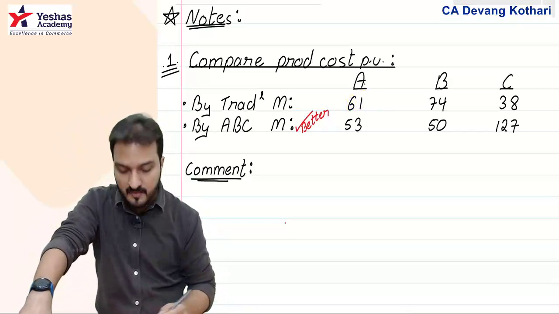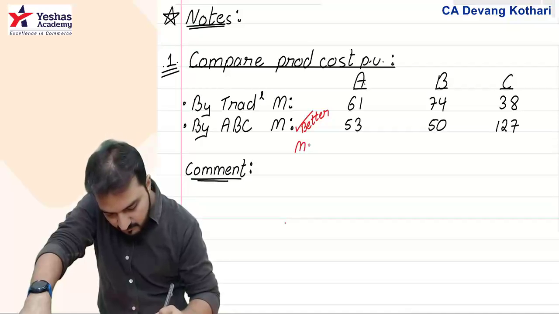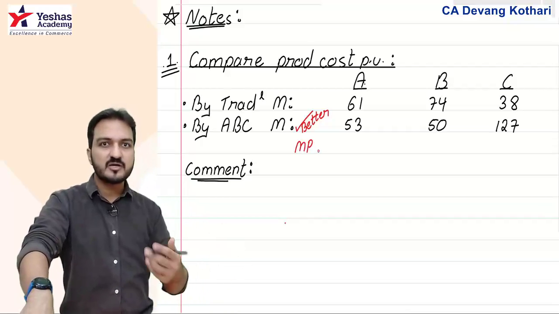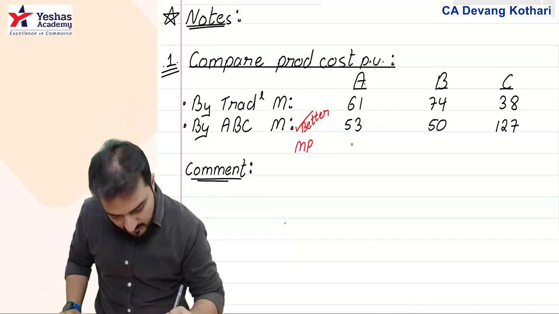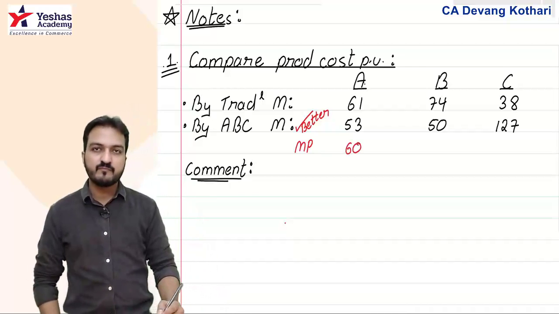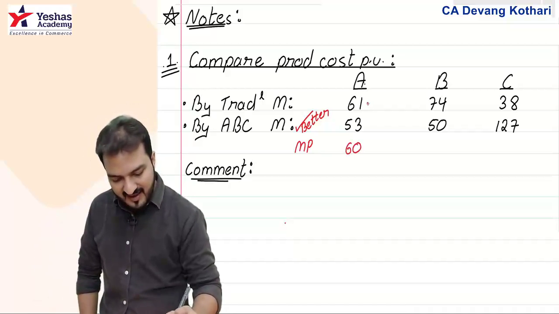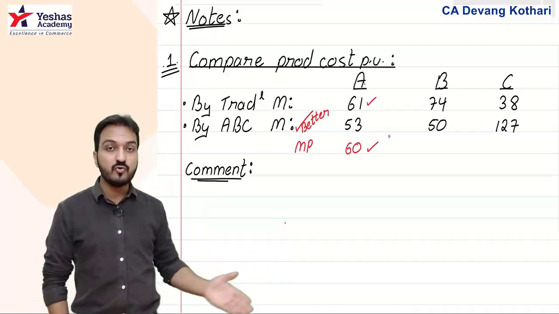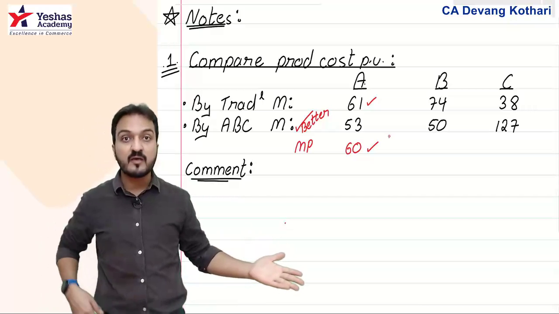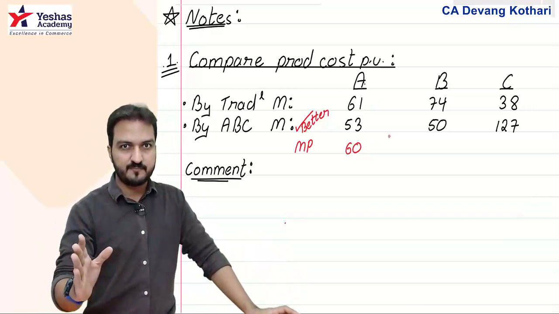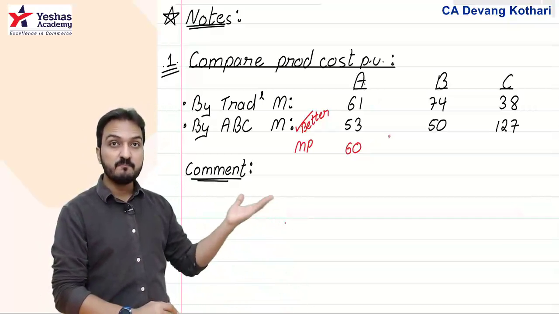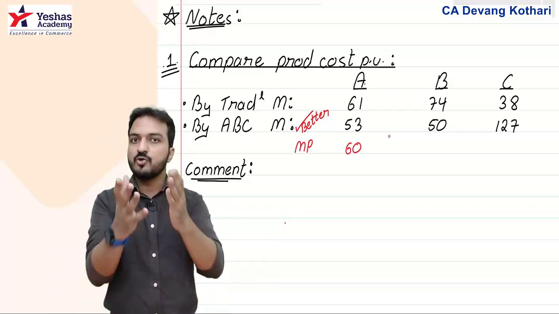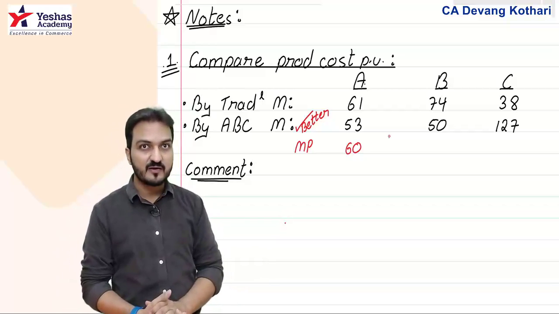Or if the market price of these products is already there, say there is a market price of product A of 60 rupees, and you estimated cost of A as 61 rupees, then you believe that product A is loss making, and you might decide to stop making product A. Do you think that decision seems correct? No. Look, because of your wrong estimate of cost, your decisions might go wrong. You see that here?